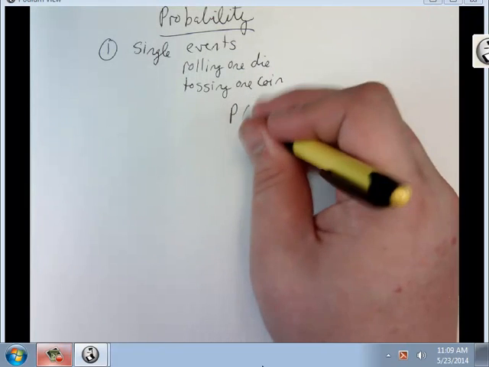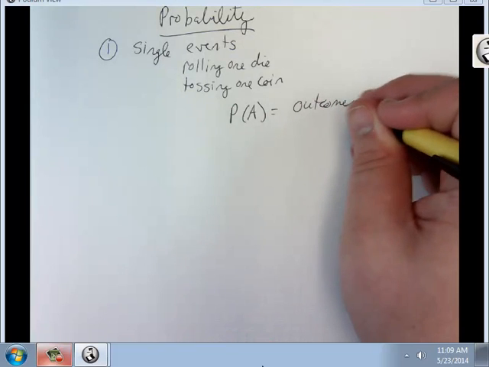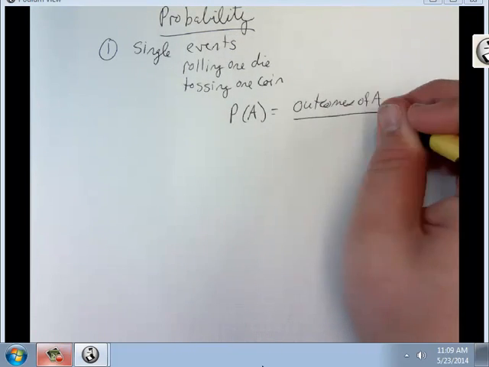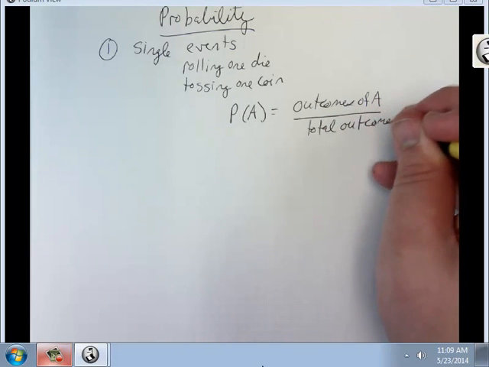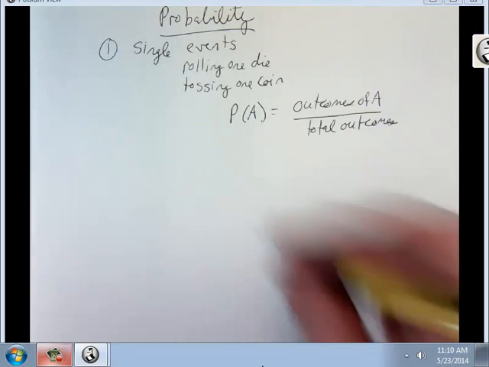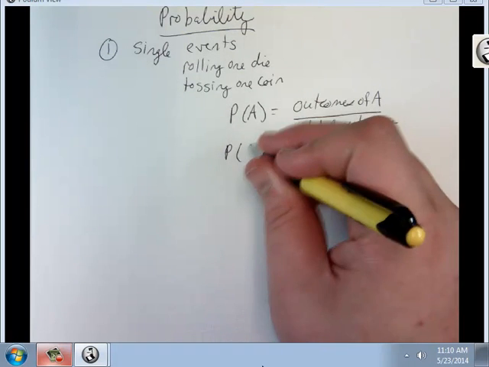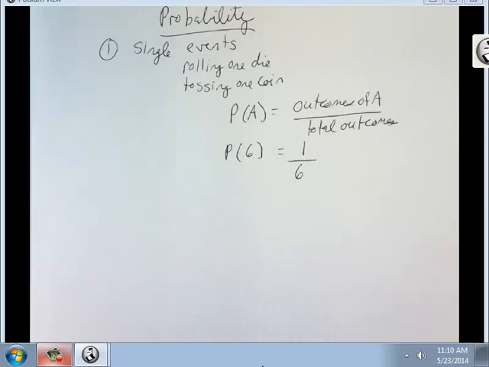The probability of something happening equals just the outcomes of A divided by the total outcomes. So the probability of getting a 6 is one chance on one die, 6 total outcomes. That's all there is to single event probability.